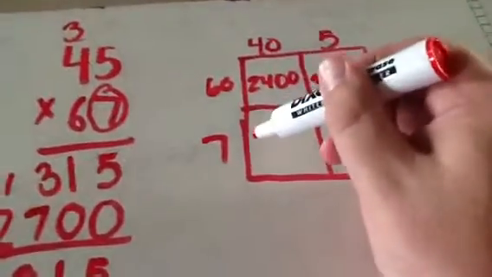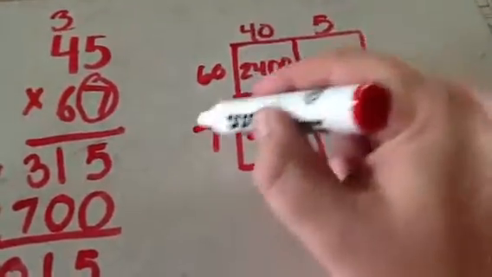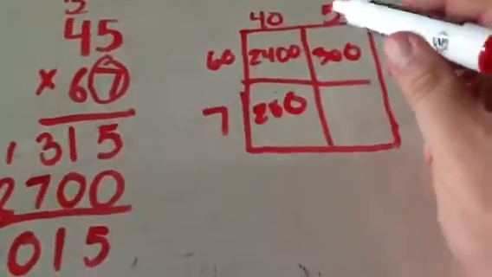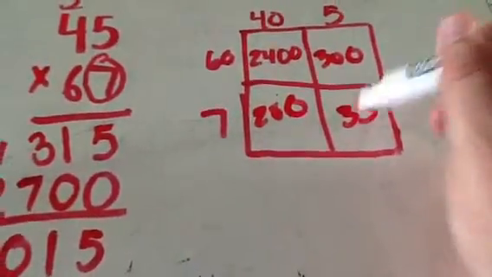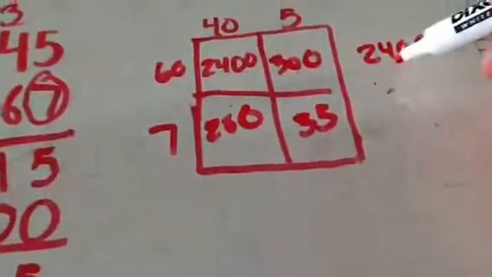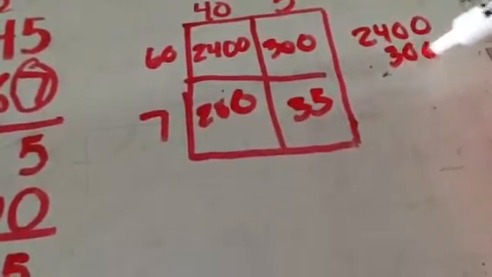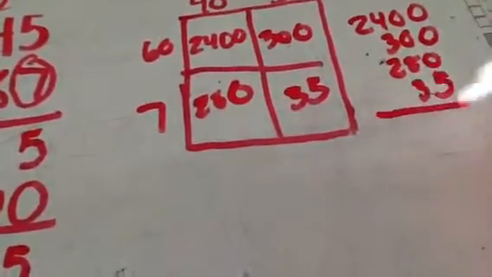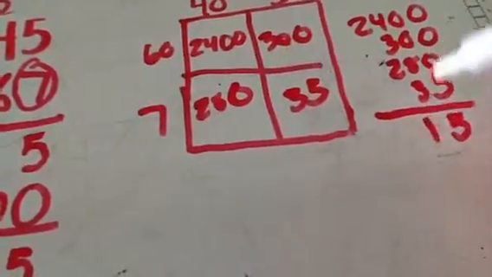7 times 4 is 28, the 7 and the 40. And then a 0 is 280. And then I have 7 times 5 is 35. In that bottom box, I'm going to take these, I'm going to put them all together. I'm going to add them up.